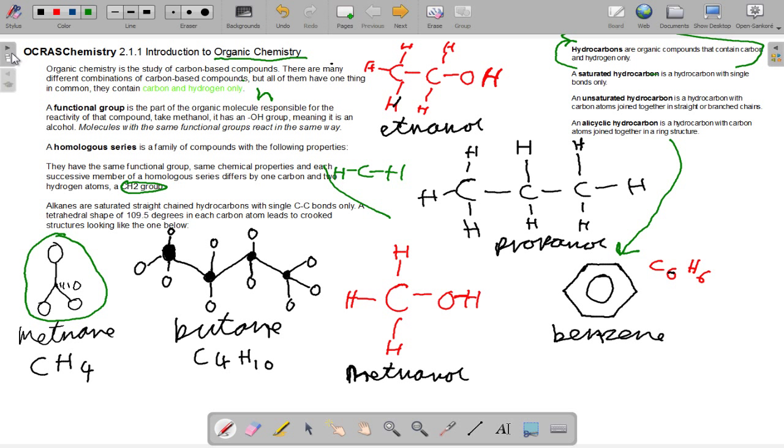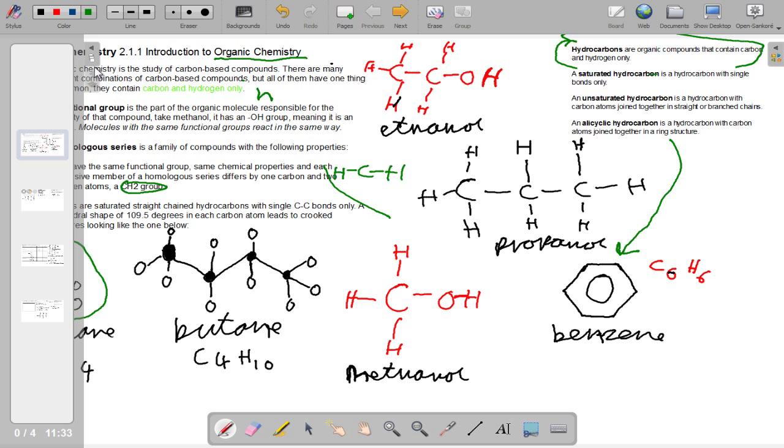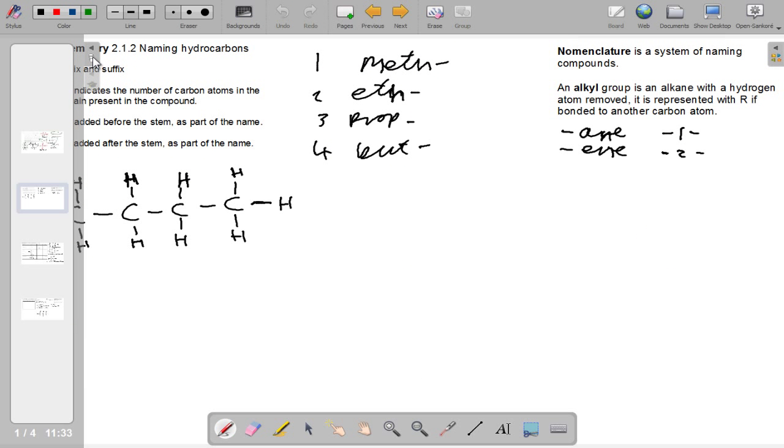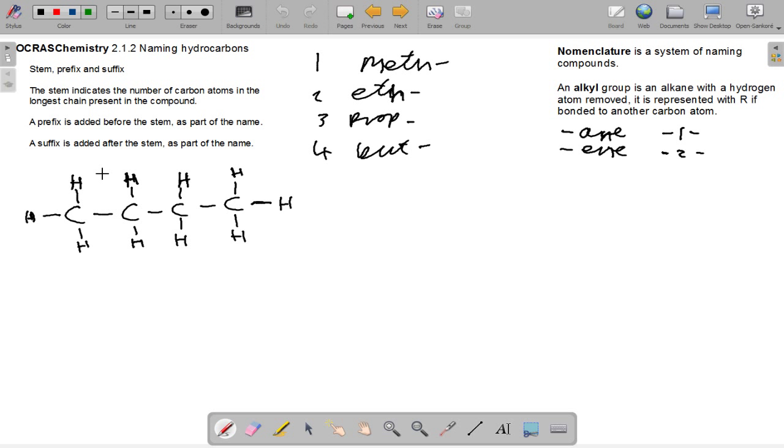So if we look at the next part now, looking at how to name these hydrocarbons. Now there's a table in the textbook that goes all the way up to 10 carbons, but I've written the first four down. So the first four go methane, ethane, propane, butane, and then 5 is pent, like pentagon, 6 is hex, 7 is hept.